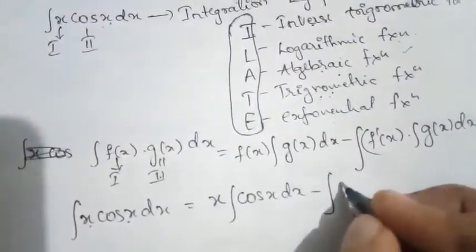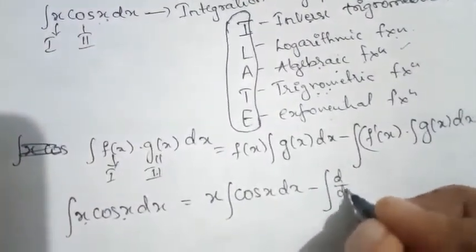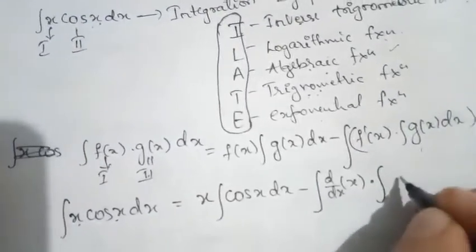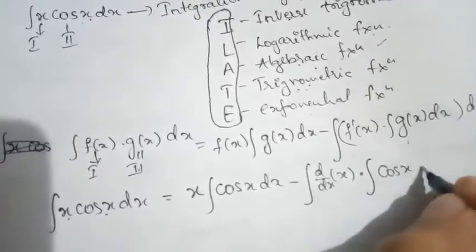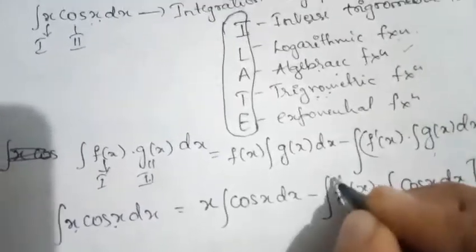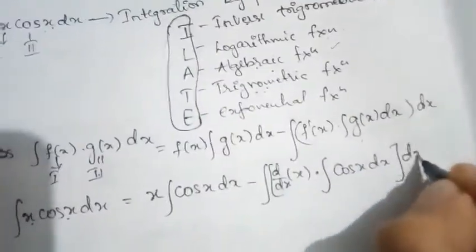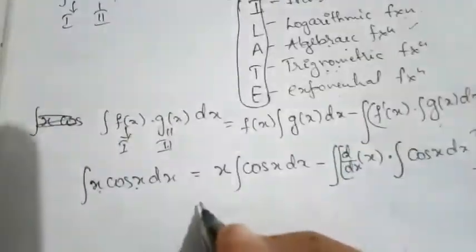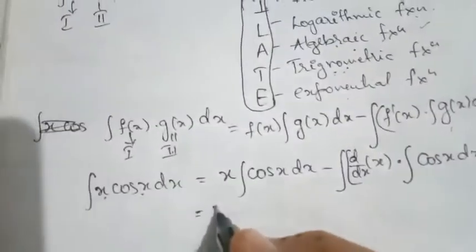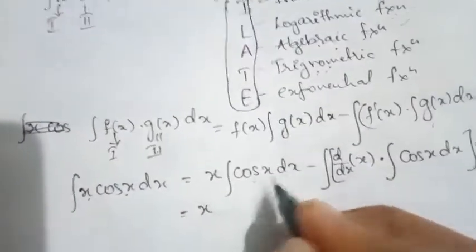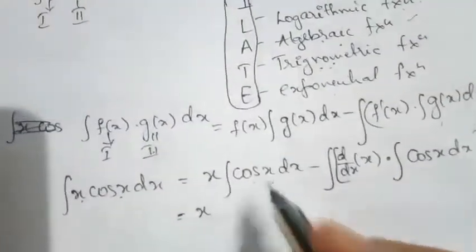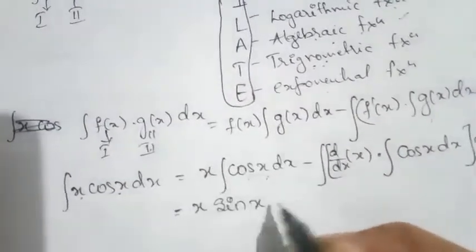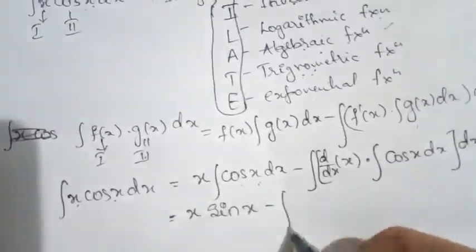If you feel it is difficult, I will write in the beginning: differentiation of x into integration of cos x dx, into dx. So I have written this one step as per this formula itself. So how does it go? x into integration of cos x. What is the integration of cos? It is sin x, minus integration.